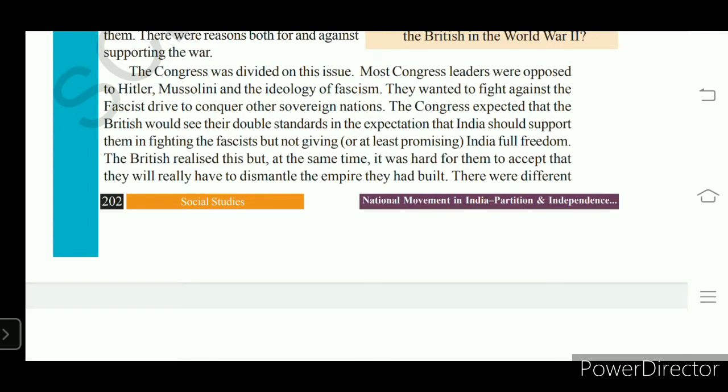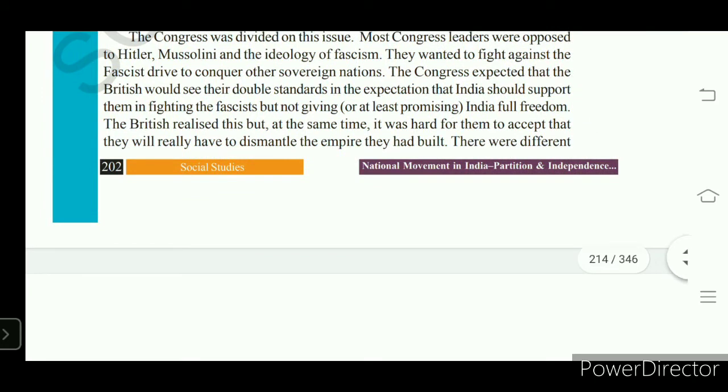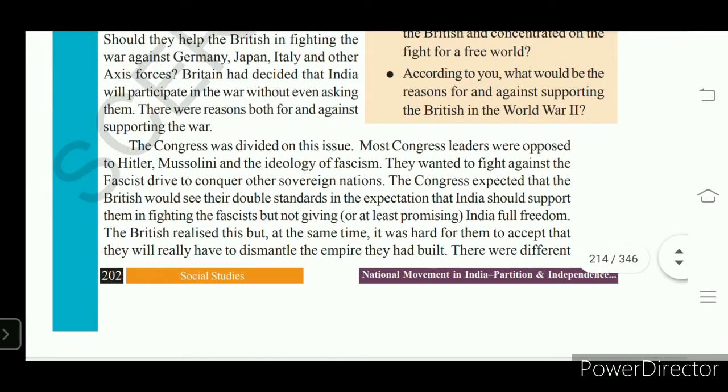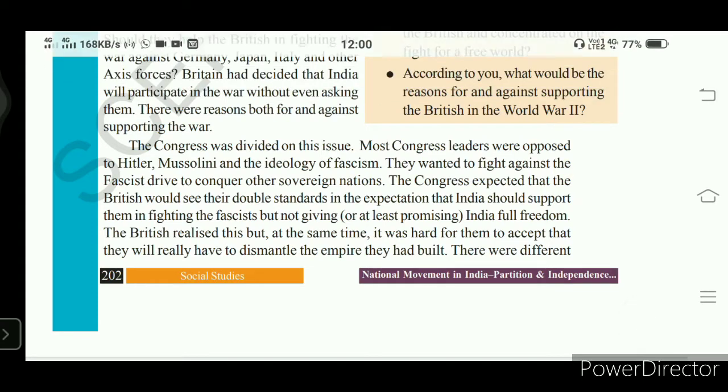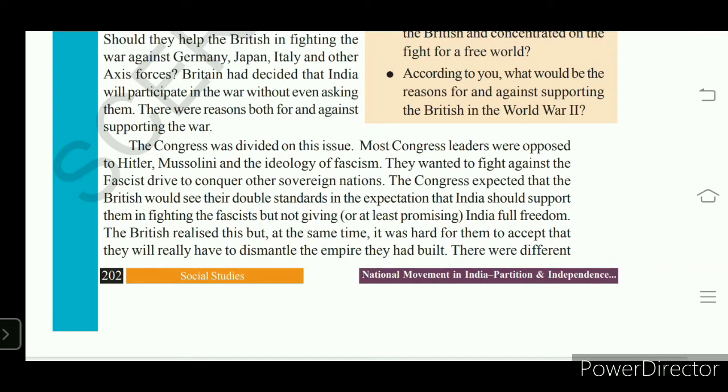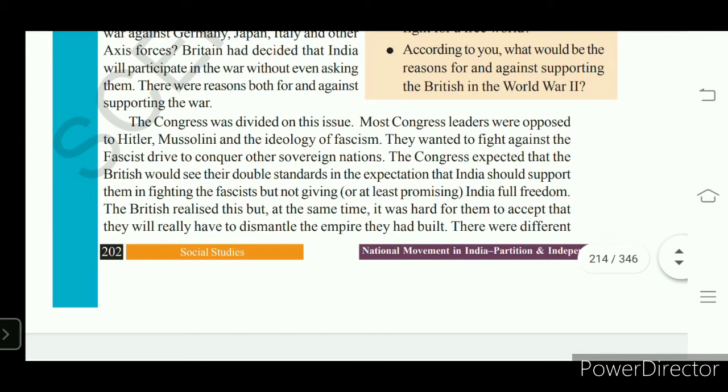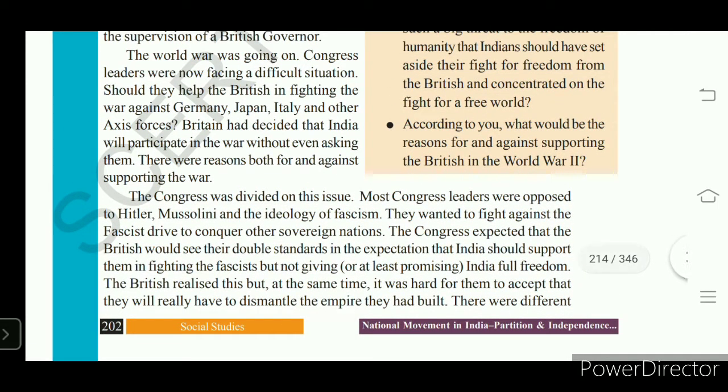And some of the Congress ministers felt that we are against the British, so we should not support them, as they did not consult India during the Second World War too. And it is also clear that the Britishers declared that there would not be independence for India, though India supported Britain in World War II. So Congress leaders felt that the British were not ready to give independence to India, right?